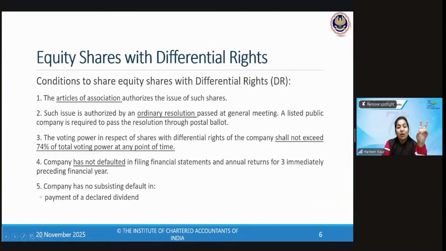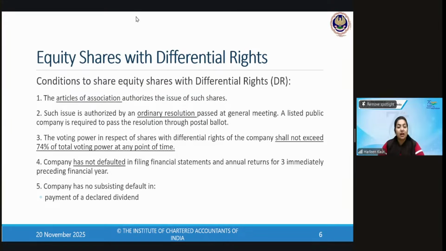Let's have a quick recap of DVRs, because I will be taking up certain important topics with you and then asking you questions related to that. What do you understand by DVRs, differential voting rights? Can we give DVRs by issuing a special resolution? Yes or no? Or is there a need of something else?